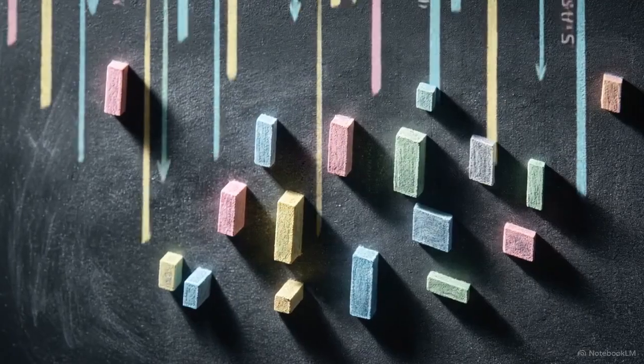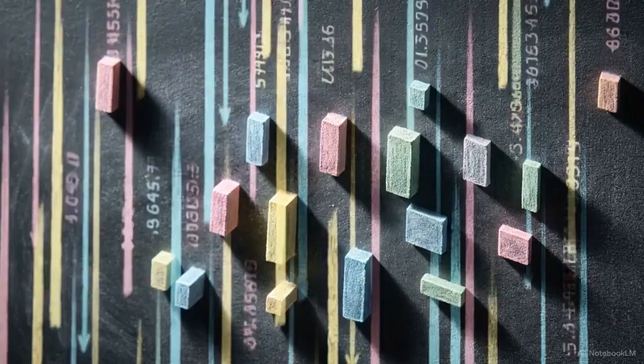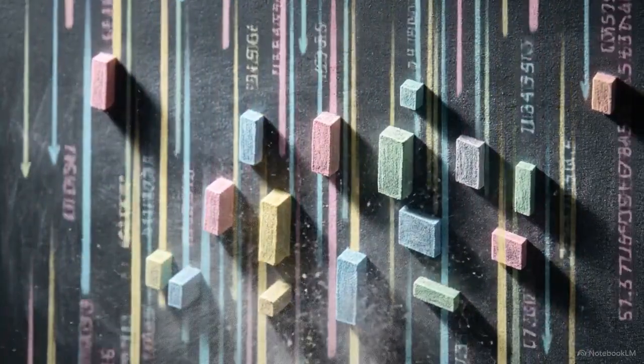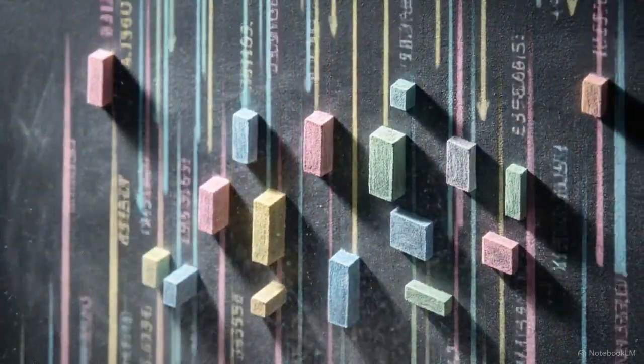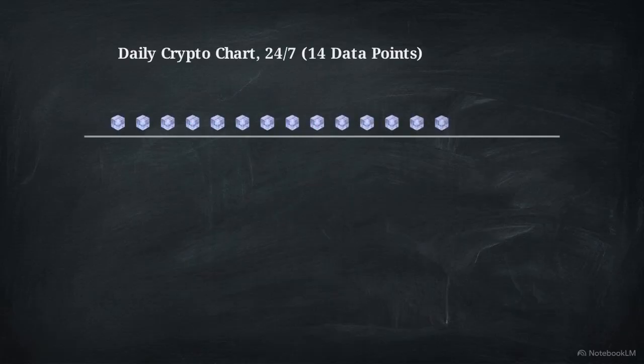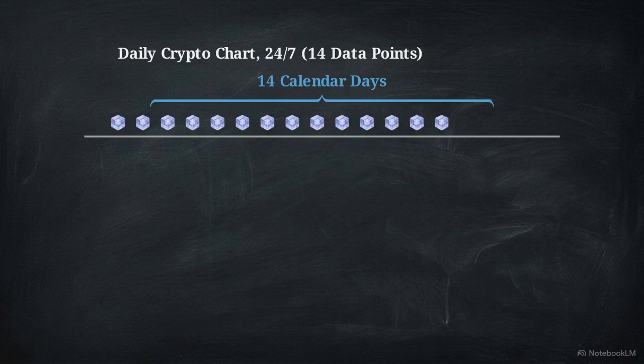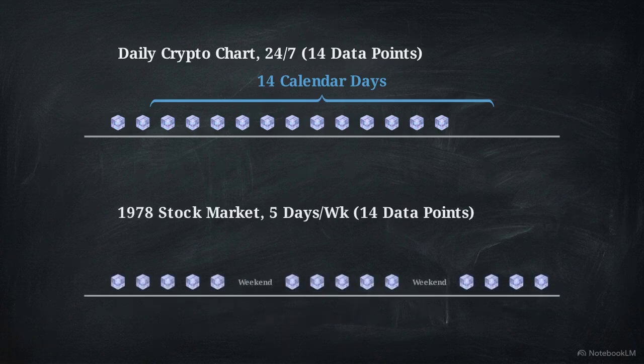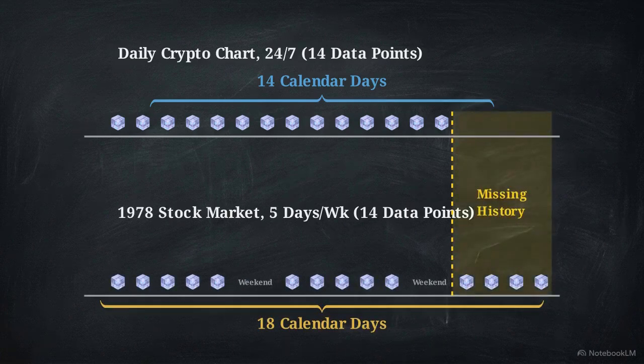Now look at modern cryptocurrency and foreign exchange markets, which operate continuously, 24 hours a day without ever pausing for a closing bell. These networks never sleep. Price discovery continues seamlessly through Saturdays, Sundays, and major holidays. A 14-period window on a daily crypto chart covers exactly 2 calendar weeks, thus feeding the algorithm less calendar history than Wilder designed it for.